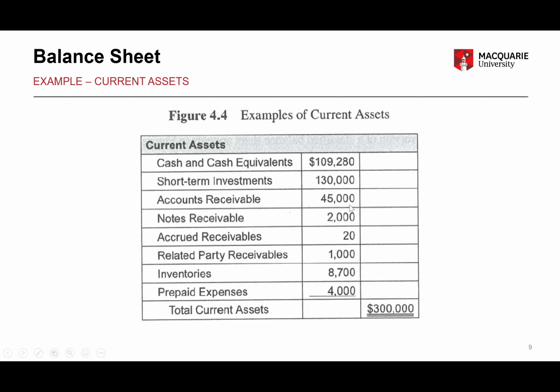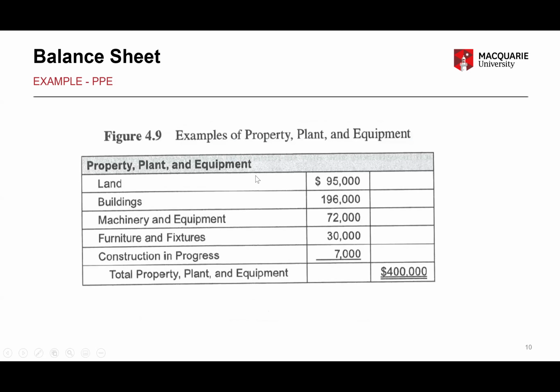We could sell them to a financial institution if we needed the cash straight away, right? Whereas inventory would normally be a bit lower in the list because it often is a bit slower to sell. All right, whereas with property, plant and equipment, this is not about liquidity, right? Because we're not planning on converting them to cash. We're planning on using those in our business.